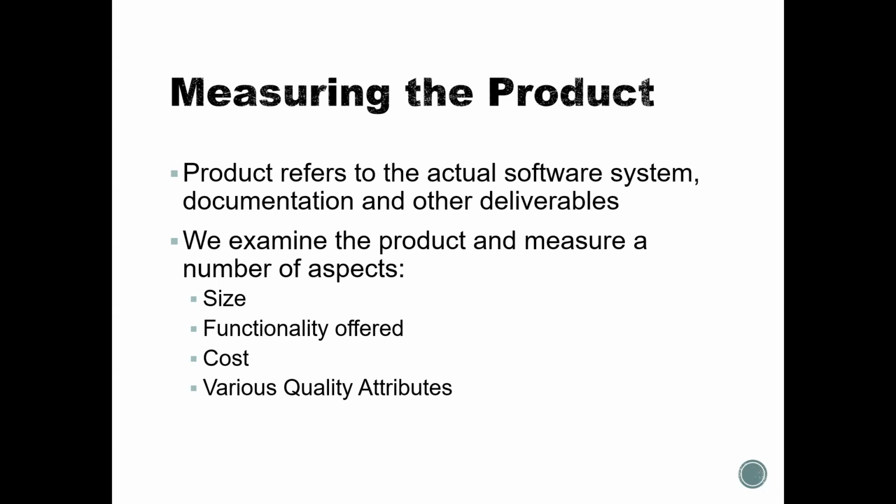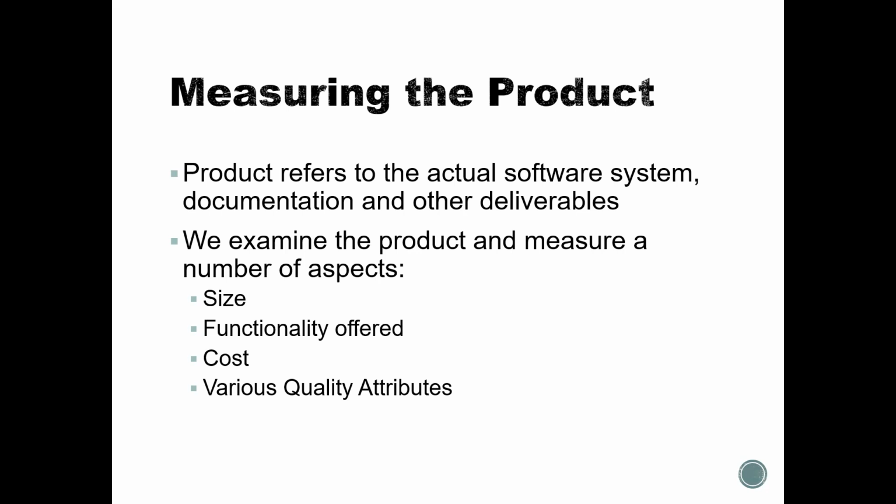Then you can also look at what kind of functionality the whole software provides, whether it is giving you the desired functionality that was asked by the customers, and how much cost has been put on the whole product, starting from the development to deployment as well as in the operation phase.